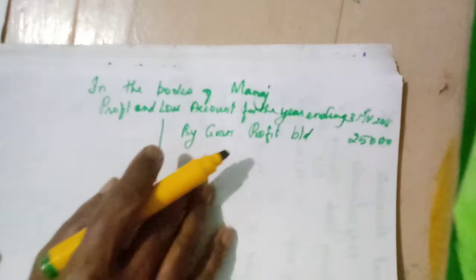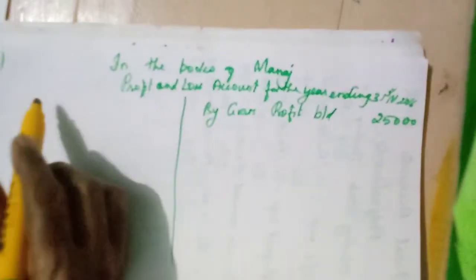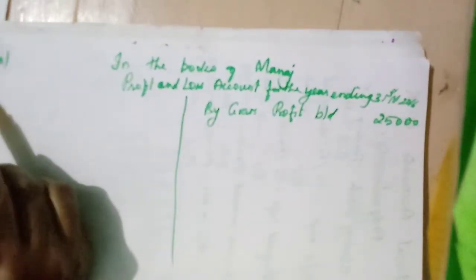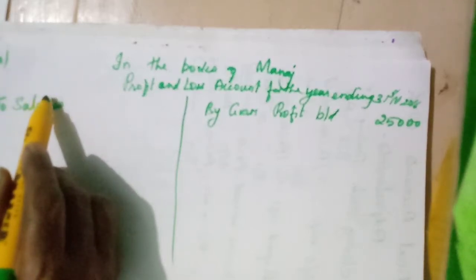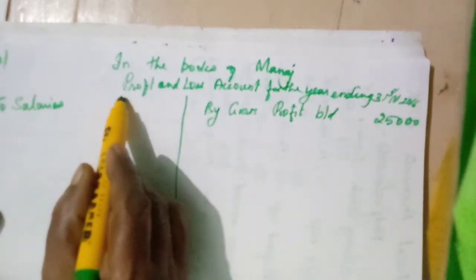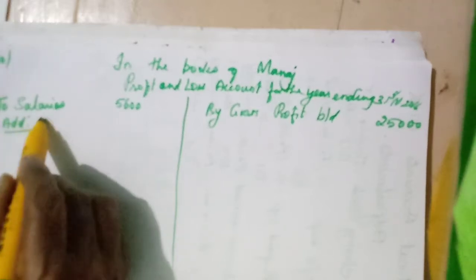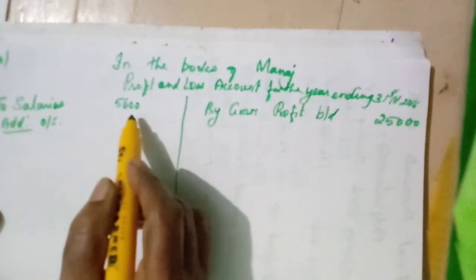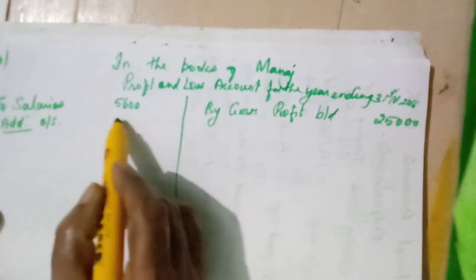Next one, salaries. That will appear on the debit side. Here adjustment, salary outstanding, is given. So salaries we can write in the inner column 5600. Add outstanding, we should add, 400.